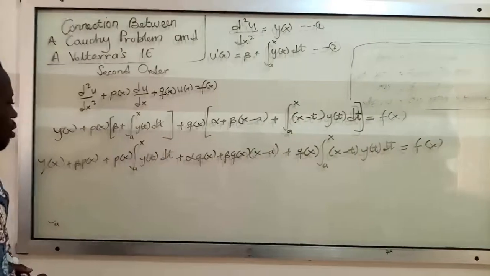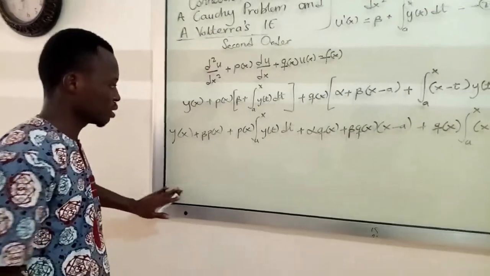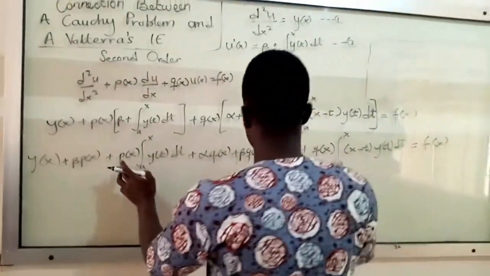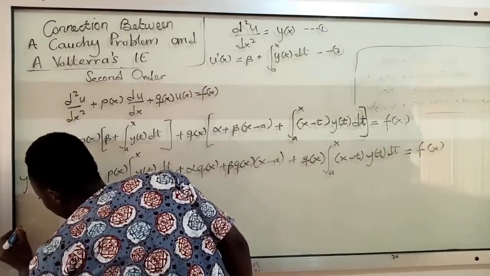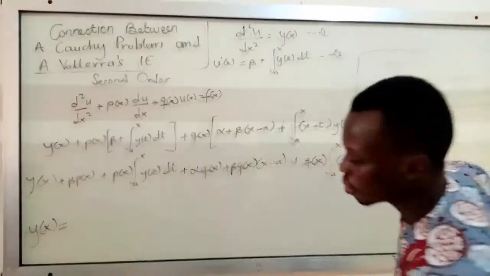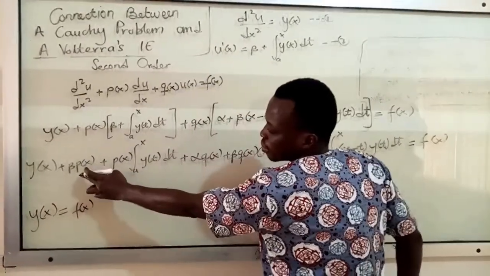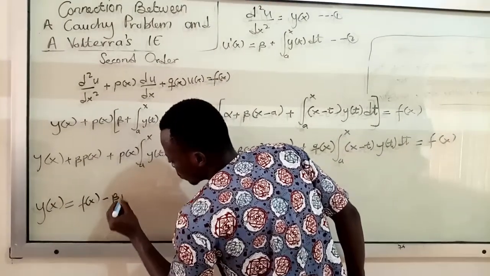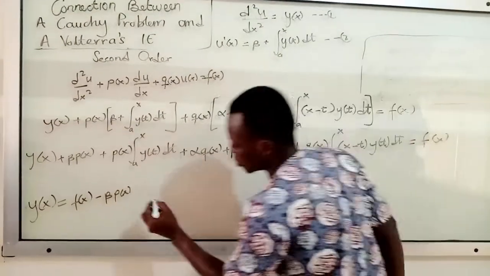Now let's make y of s the solution of the equation, or better still, you can group the items, this and this, this and this. So let's make it the solution of the equation. y of s is equal to f of s, minus beta p of s, minus alpha q of s.